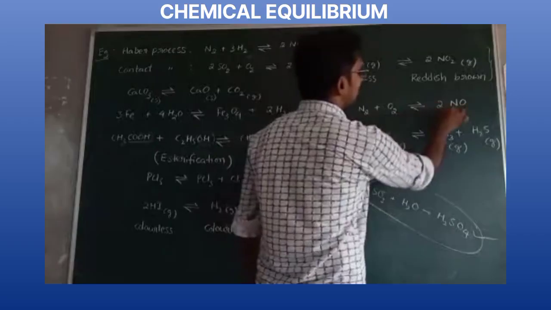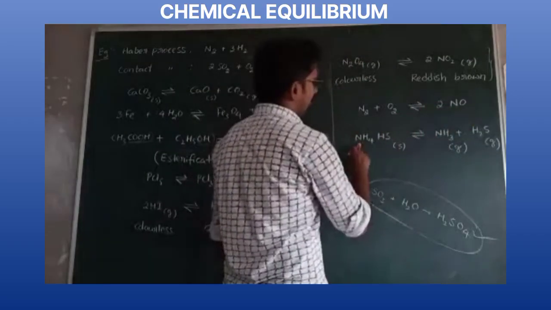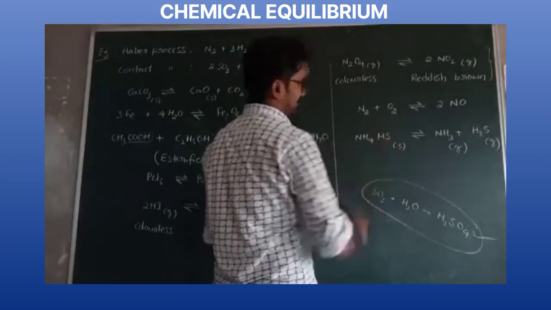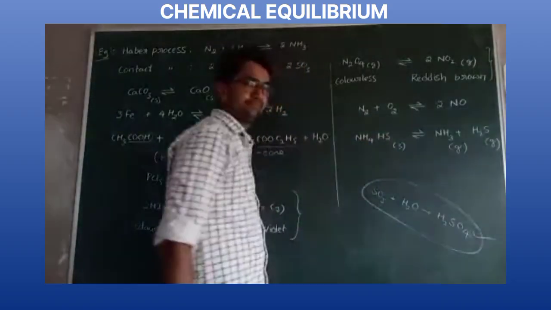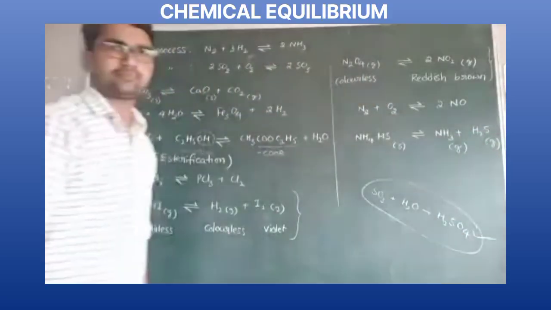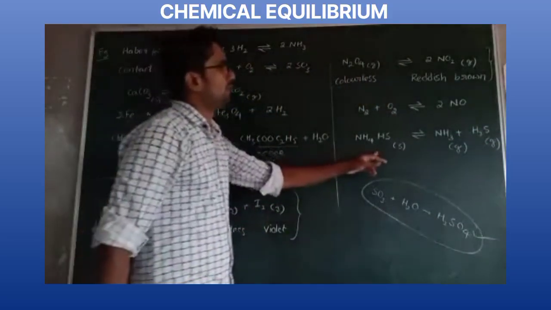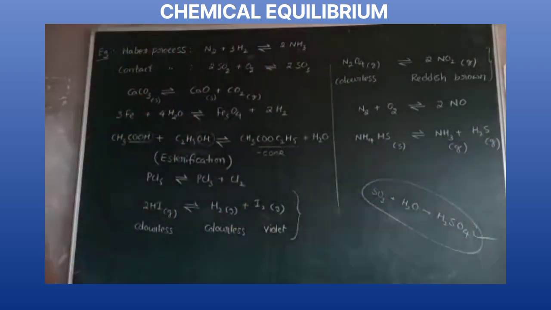N2 plus O2 gives rise to 2NO. It is also a reversible reaction. Very easy. Ammonium hydrogen sulfide gives ammonia and H2S. This is also a reversible reaction. These are all examples for reversible reactions.